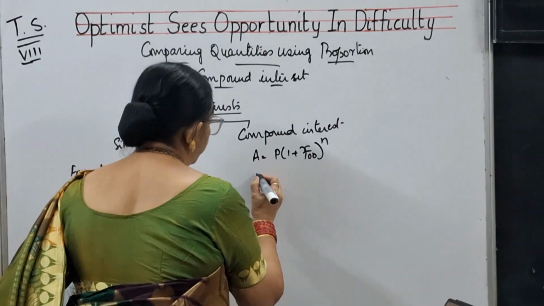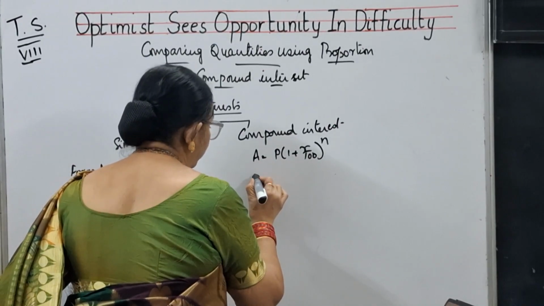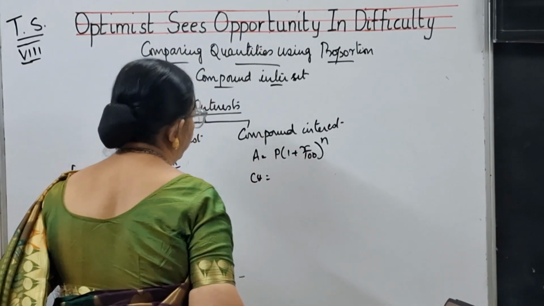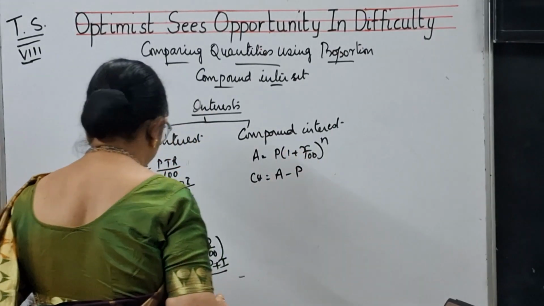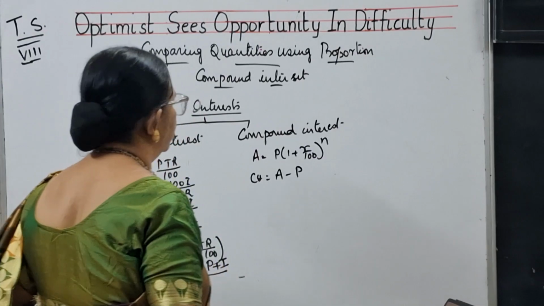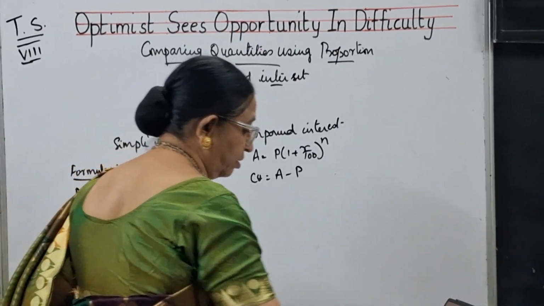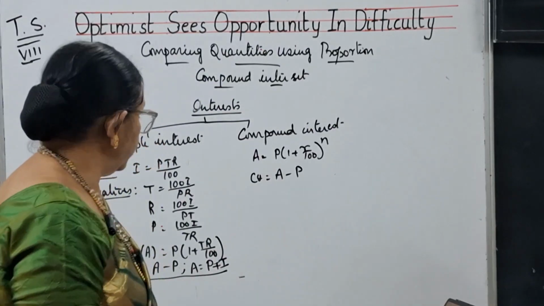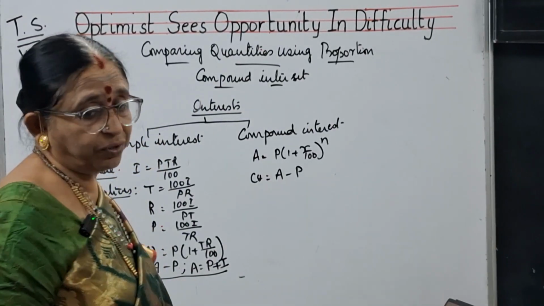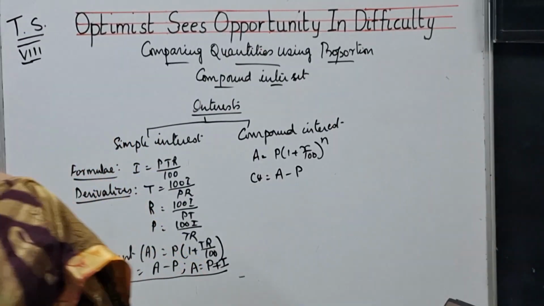And if you want compound interest, how will you get it? By taking amount and subtracting P, you are going to get compound interest. These are the formulae, children, which you need to use to do this kind of sums. Please note them.